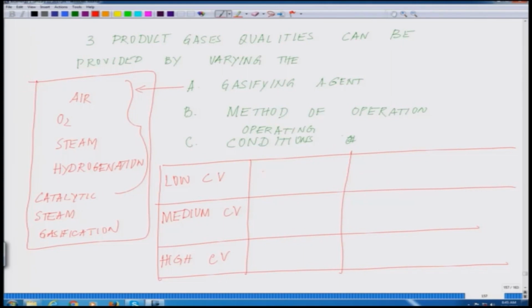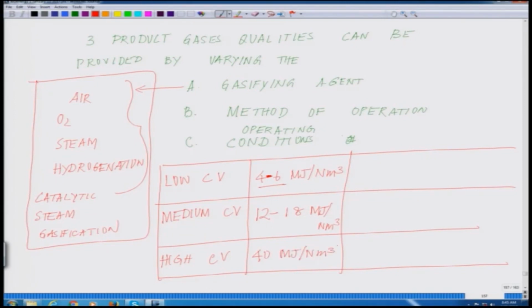And in terms of the numbers, low varies from 4 to 6 megajoule per Newton meter cube, okay, 4 to 6. Now, mark this number. So, you have the medium one, where you get 12 to 18 megajoule per Newton meter cube, whereas for high calorific value you get around 40 megajoule per Newton meter cube.